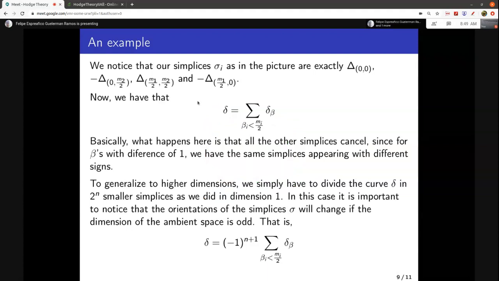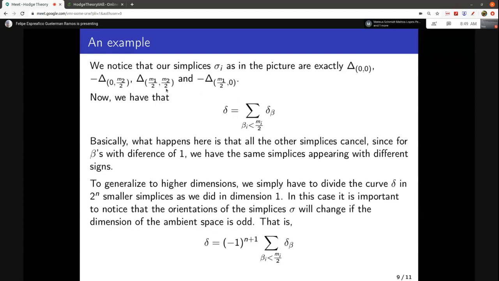And then if we just complete the cycles qm1 over 2, we get exactly this delta, because the other simplices will cancel.